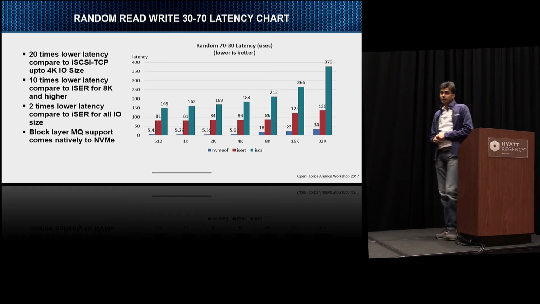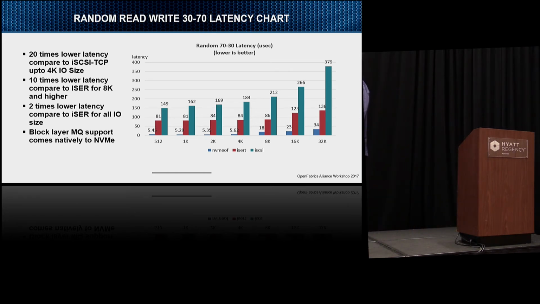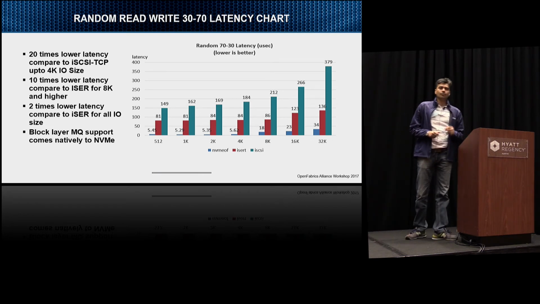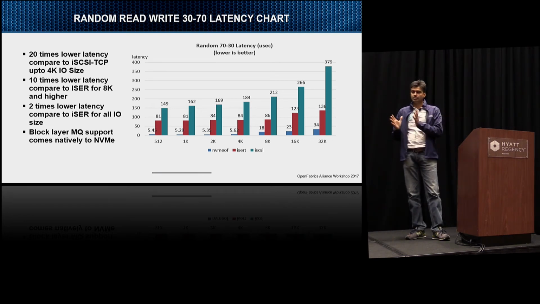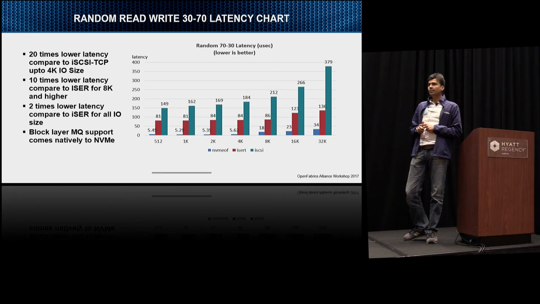So the interesting question is why? Why is it that it gives such a low latency? The two major parameters that play a role are, first, the mapping of the NVMe commands with the RDMA commands, and the second is the multi-queue implementation.